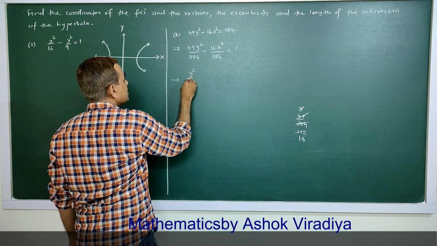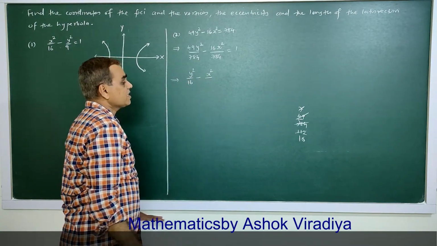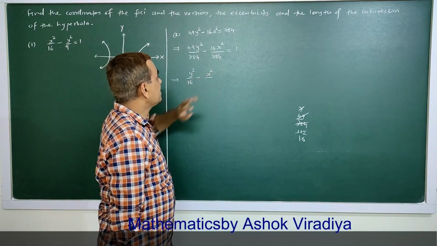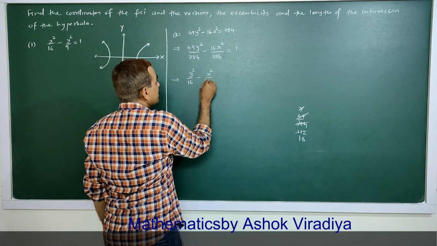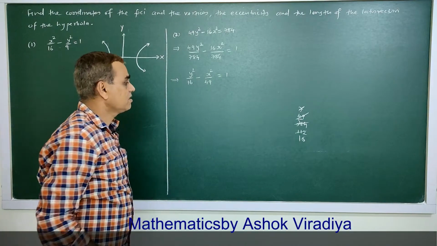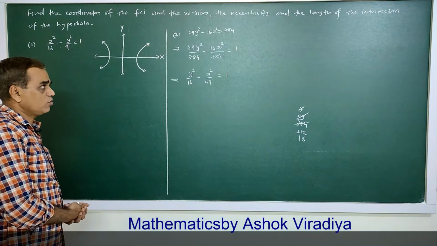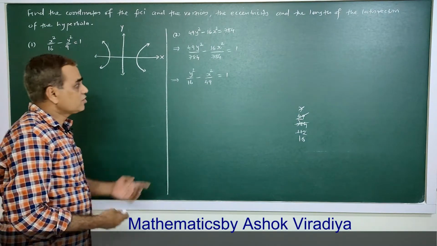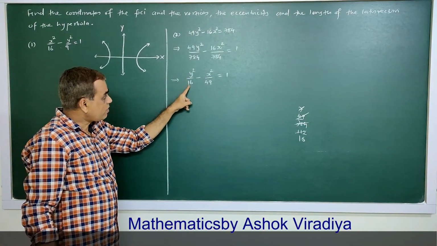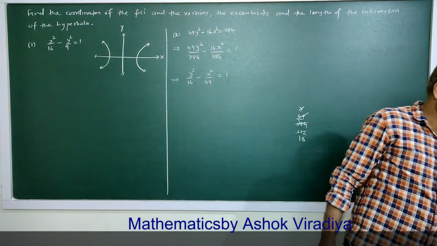So this is y square by 16 minus x square upon, similarly dividing by 16, 784 gives 49. It is equal to 1. Here it is clear that 49 into 16 is 784. So here the form y square by a square minus x square by b square equal to 1 is obtained.